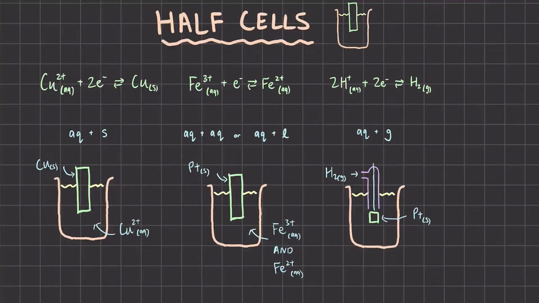For example, hydrogen gas can travel as indicated by the arrow, and it travels down to the platinum electrode. And that's where it's going to react to form 2 H plus ions and 2 electrons. And the opposite process can also occur depending on what the other half cell is. So these are the main types of half cells that you might see. So now let's take a closer look at the electrolyte.